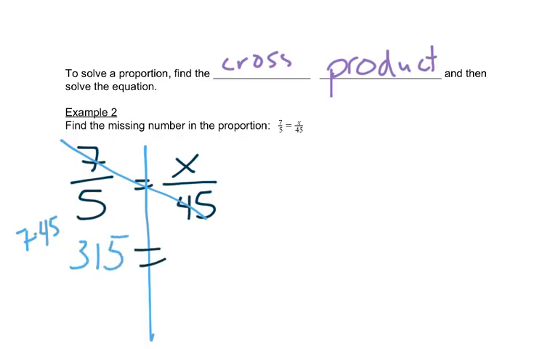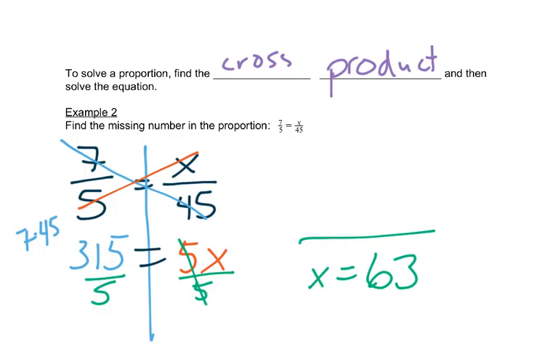We write equals between it, and then we do 5 times x, which is 5x. And then we solve that. So we're going to divide by the number that's in front of x. 315 divided by 5 is 63. So we get x is equal to 63.